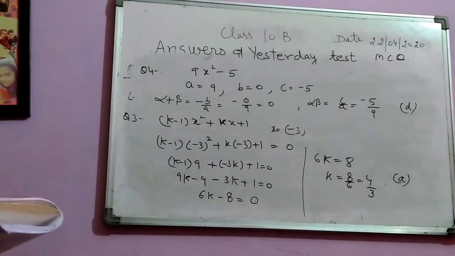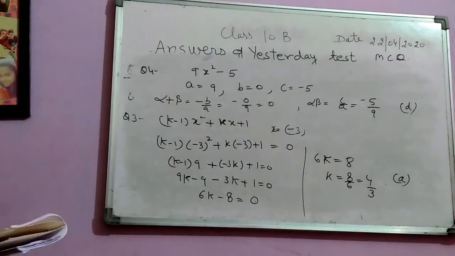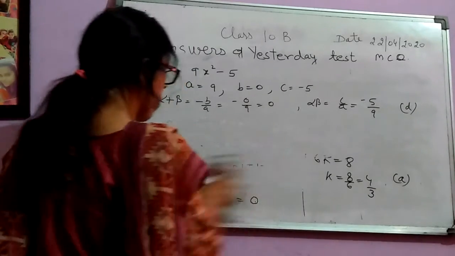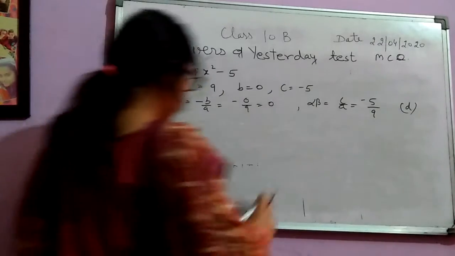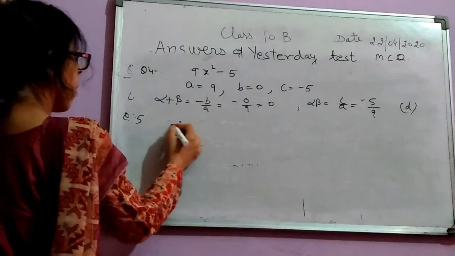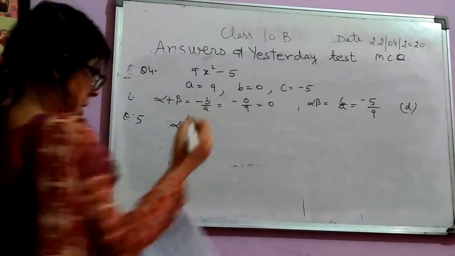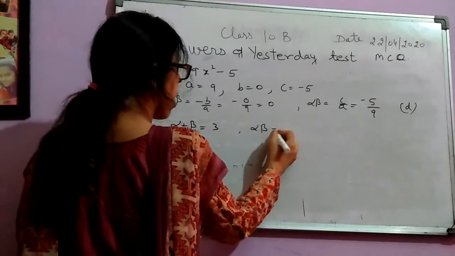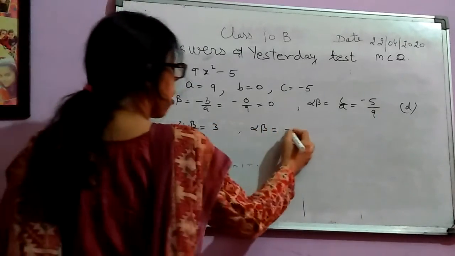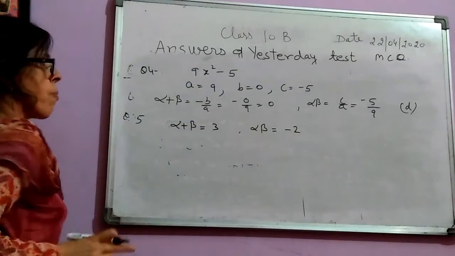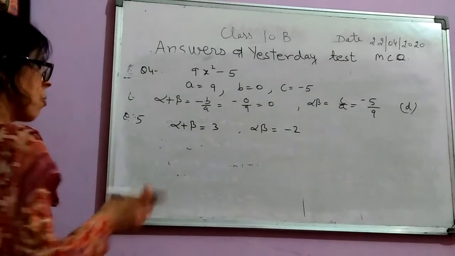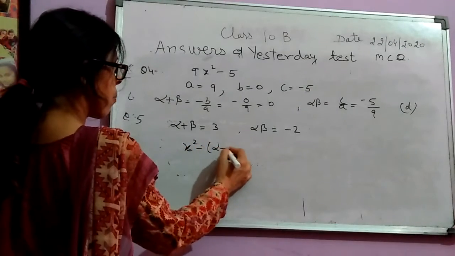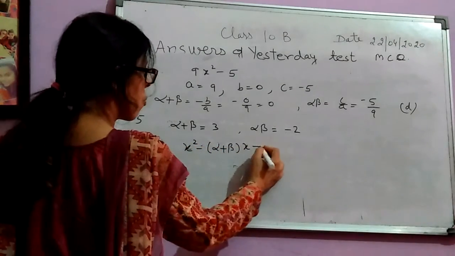The fifth question: the quadratic polynomial whose sum of zeros is 3 and product is minus 2. Sum of zeros means alpha plus beta, which is given as 3, and product means alpha into beta is minus 2. When the sum and product of zeros are given, then to find the polynomial there is a formula: x square minus (alpha plus beta) into x plus alpha into beta.